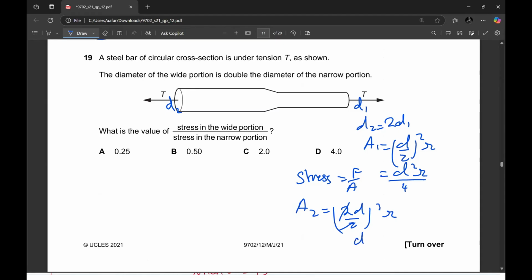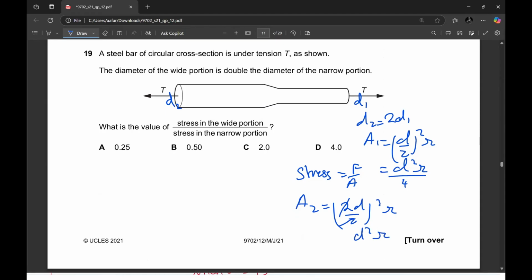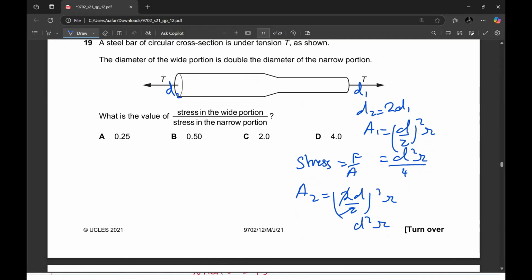You cancel out, you get D squared pi. So basically, we're getting F over D squared pi over 4 divided by F over D squared pi. Wait, no. That's in the wide portion, it is F over D squared pi.